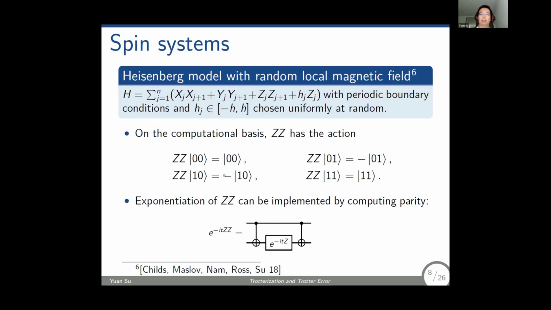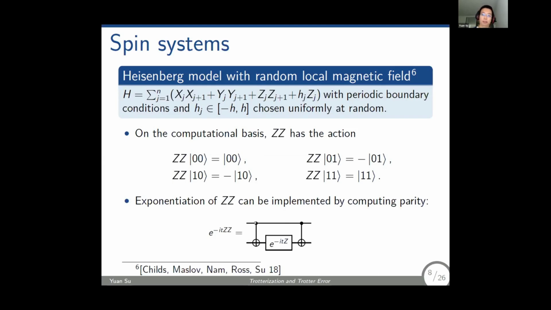You introduce a -1 here. So if you want to implement this operator, you have to distinguish between these two cases. The first case is where you have an even parity in your input state, and the second case is where you have odd parity in your input state. So let's try to use this parity information.